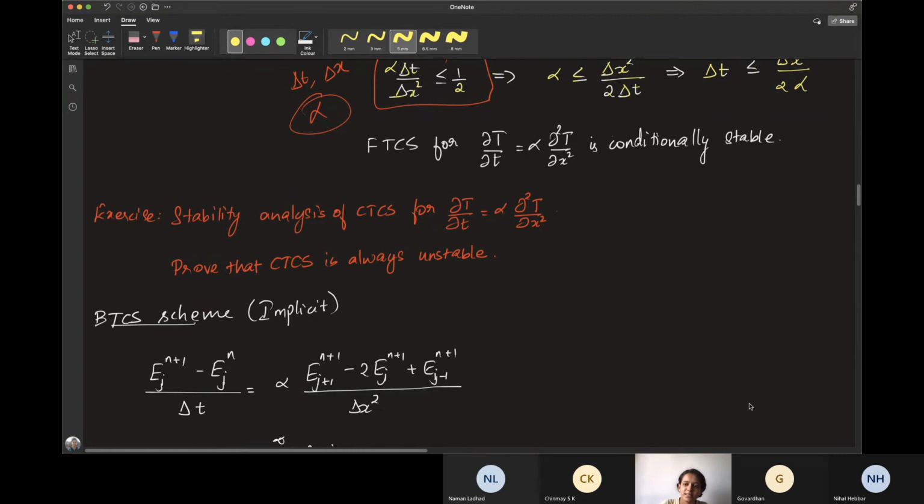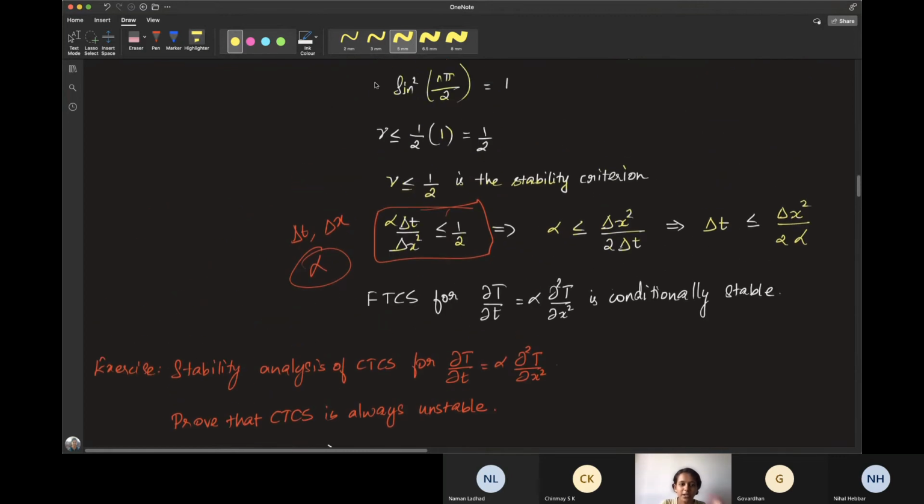So as an exercise, you can try this. As of now, we have seen FTCS stability for solving a parabolic PDE.